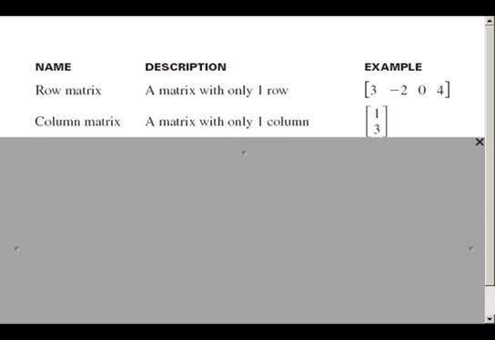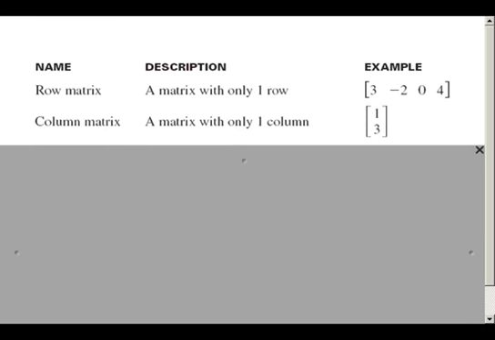There are certain matrices that have special names. So for instance, a row matrix is a matrix with just 1 row. So it's a 1 by something. In this case, a 1 by 4. There's also a column matrix, which is a matrix with only 1 column. So in this case, it's a 2 by 1 matrix. It's called a column matrix because of the single column.